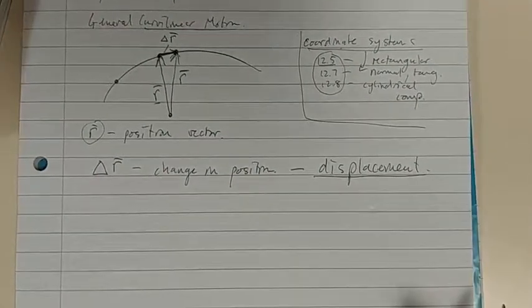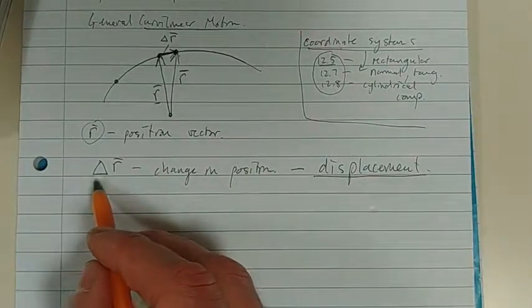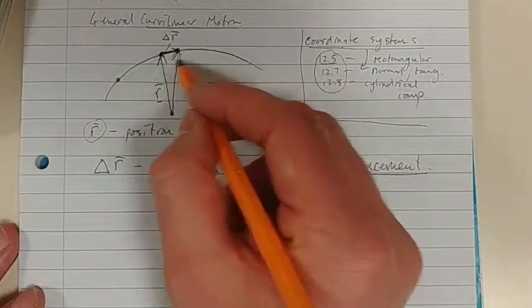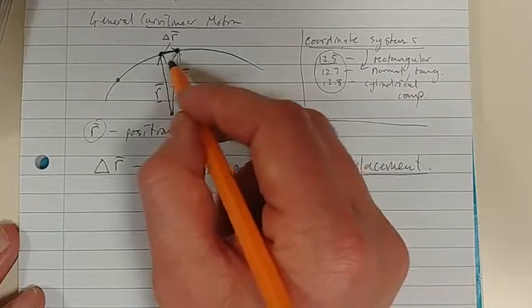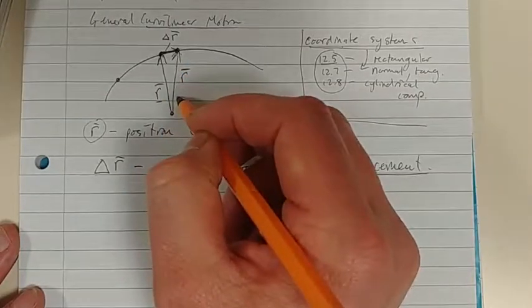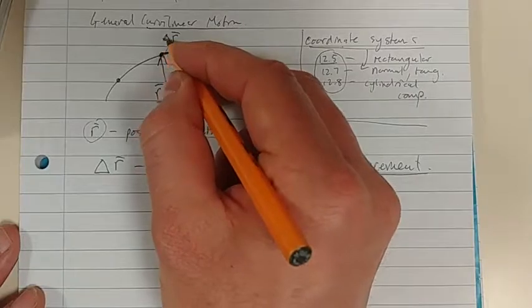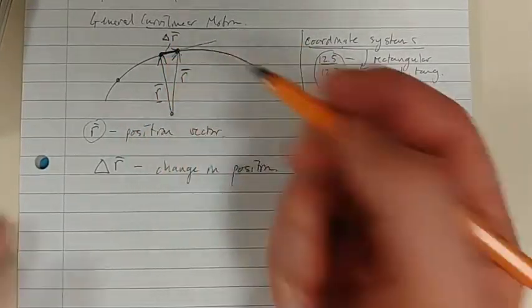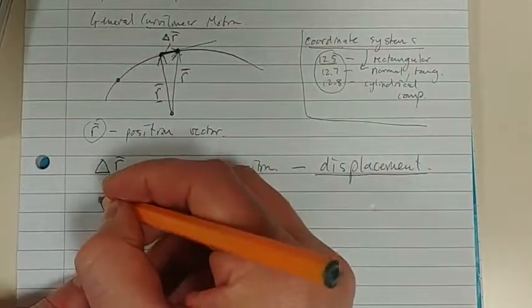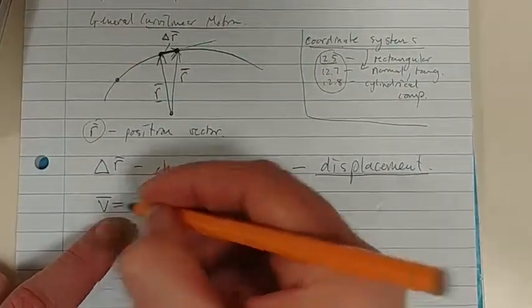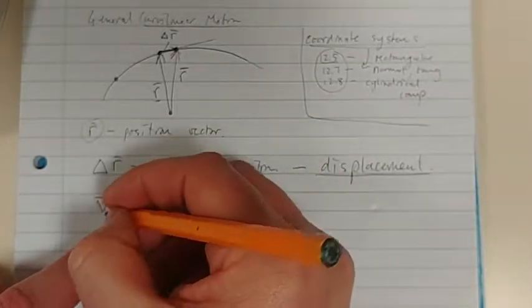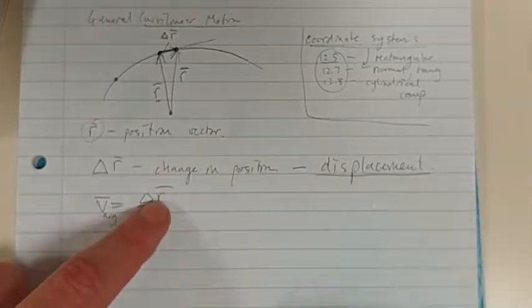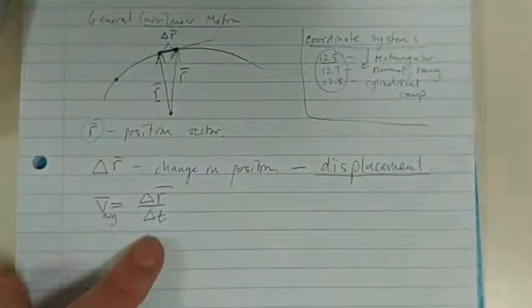In straight line motion, this was delta S, but now in curvilinear motion, it's delta R. And as we make the time span between the two different position vectors shorter and shorter, we will see that this delta R ends up becoming tangent to this curve, okay? So that leads me into the next thing. Our velocity, even our average velocity, is given by delta R over delta T. That is our displacement over time.